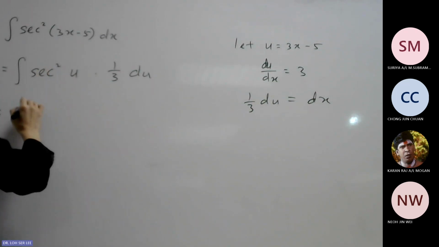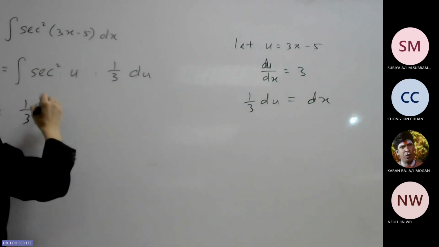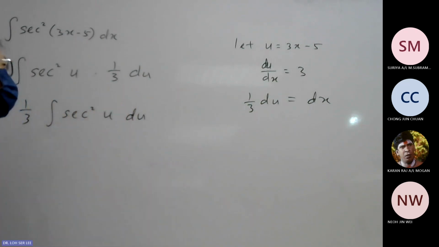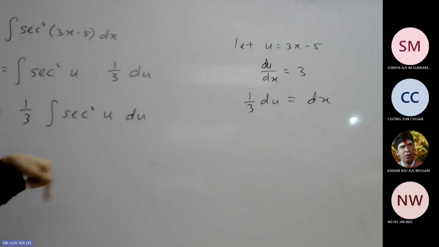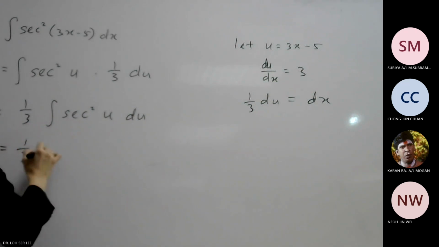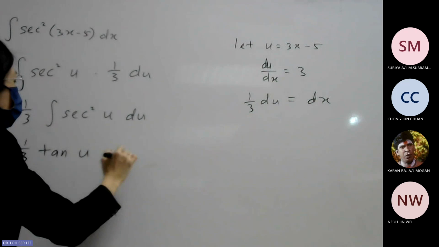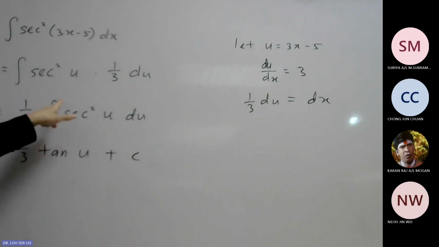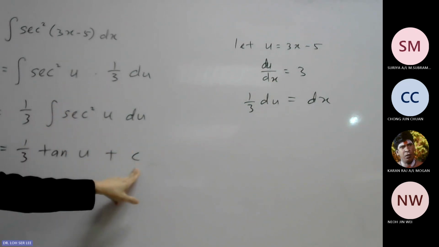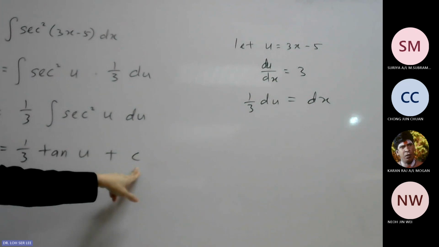So this 1/3 you can factorize. You are integrating secant square u with respect to u. So integrating secant square, we get tangent u plus c, because this is an indefinite integral. Indefinite integral means you don't see the limits, and you need to have a plus c for your answer.